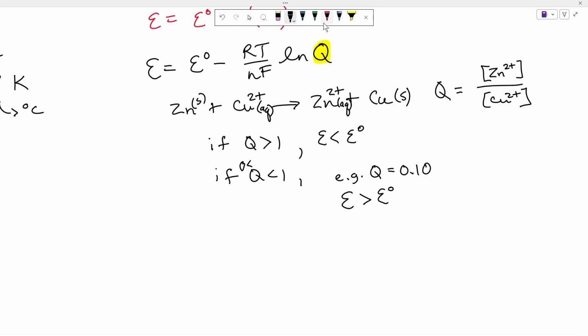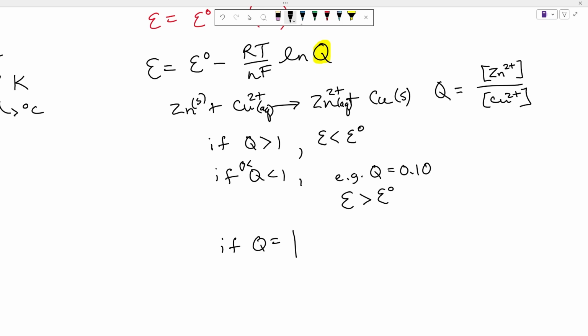And then finally, I guess I should have started with this, but if Q equals 0, then we have natural log of 0. That's not right. Sorry. If Q is 1, not 0. You can't take a log of 0. So if the concentration of products over reactants was 1 over 1, for example, Q would be 1.